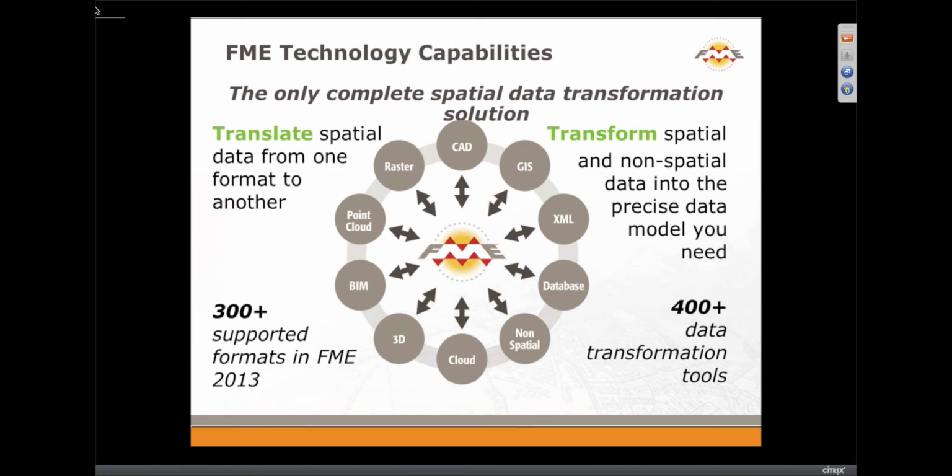Raster data, 3D and BIM data, more recently point cloud or LiDAR data sets, and even more recently we've been focusing on cloud data sets like OData, and also doing a bit more work around support for the non-spatial data sets that we support, like CSV, text files, and even XML. In the FME 2013 release, we cracked the 300 mark on the format support.